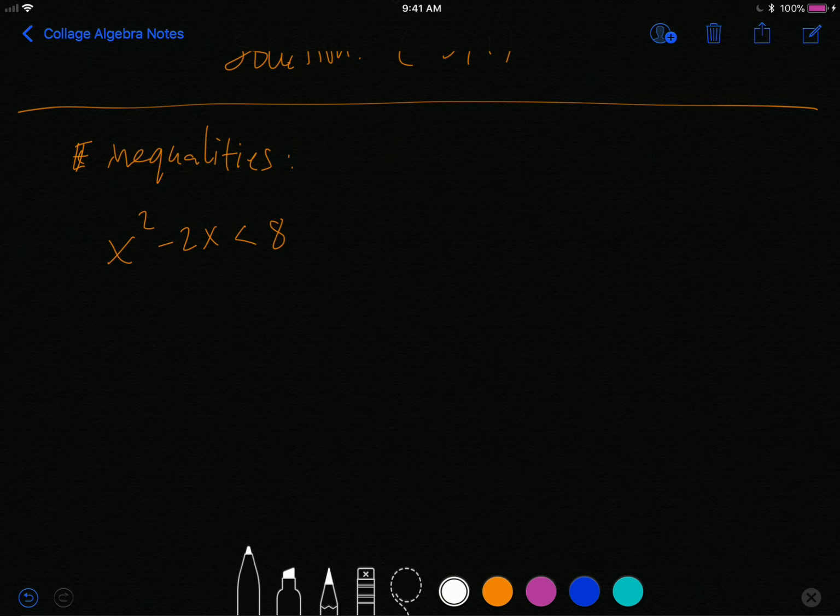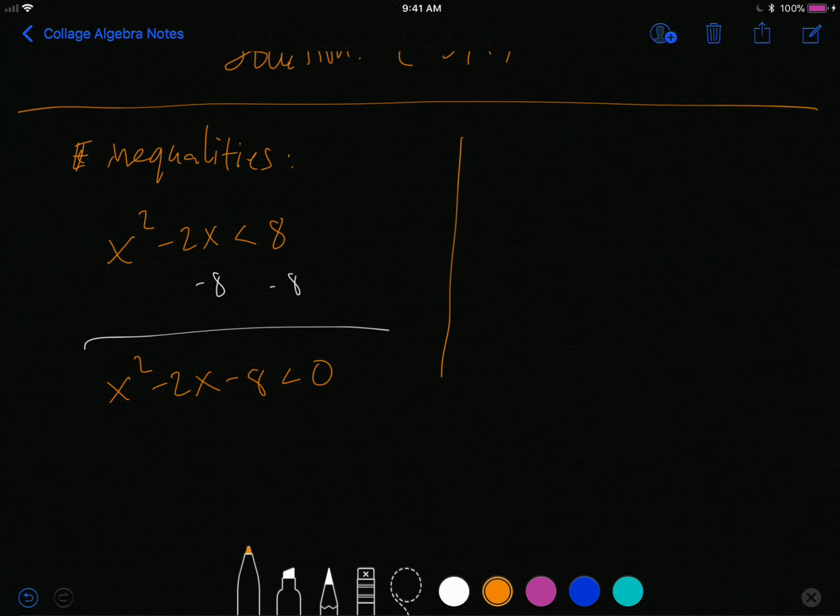And so I'm going to take the 8 over. And so I will have x squared minus 2x minus 8 is less than 0. And now to find the zeros, I have to set the equation equal to 0, because that's how you find zeros. x squared minus 2x minus 8 is 0.